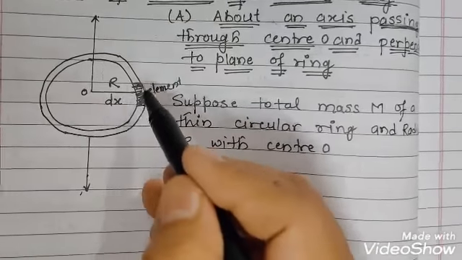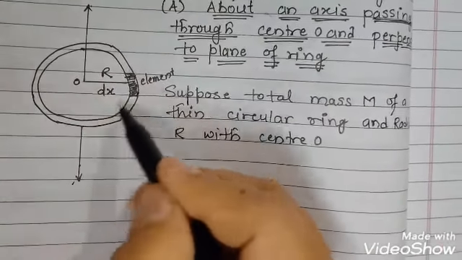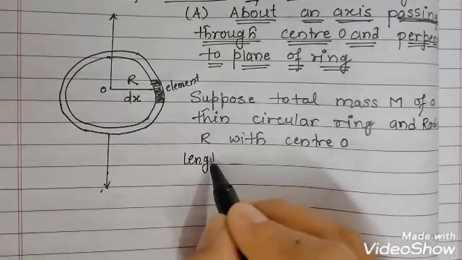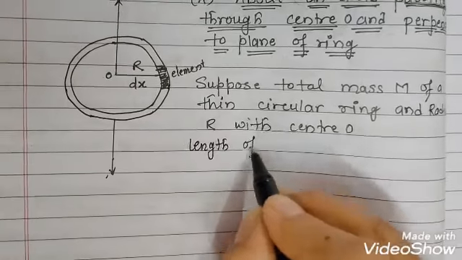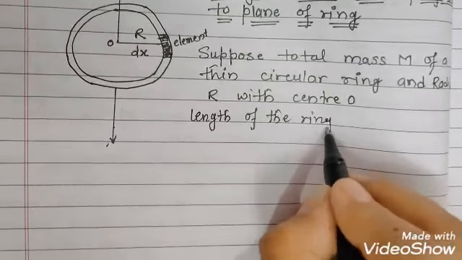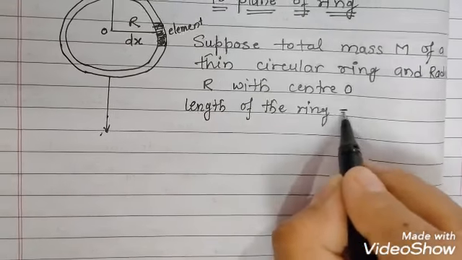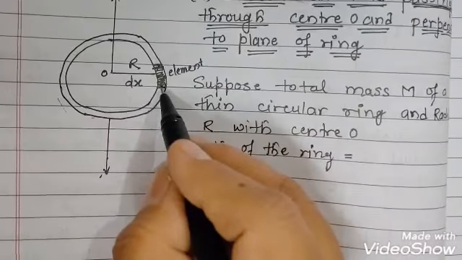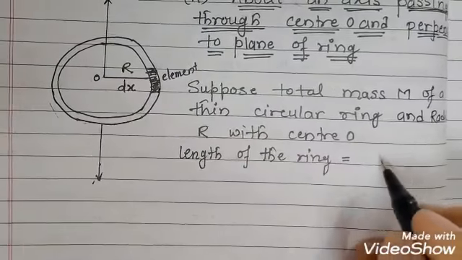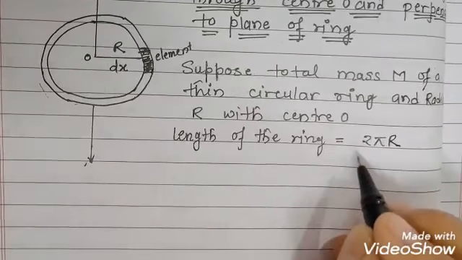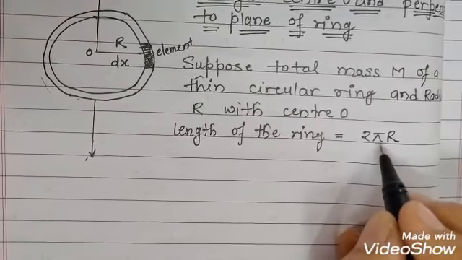So first of all, we'll require the length of the ring. Obviously it is a thin ring, so the circumference will give you the length of the ring. The circumference will be equal to 2 pi r. So the length of the ring is 2 pi r.